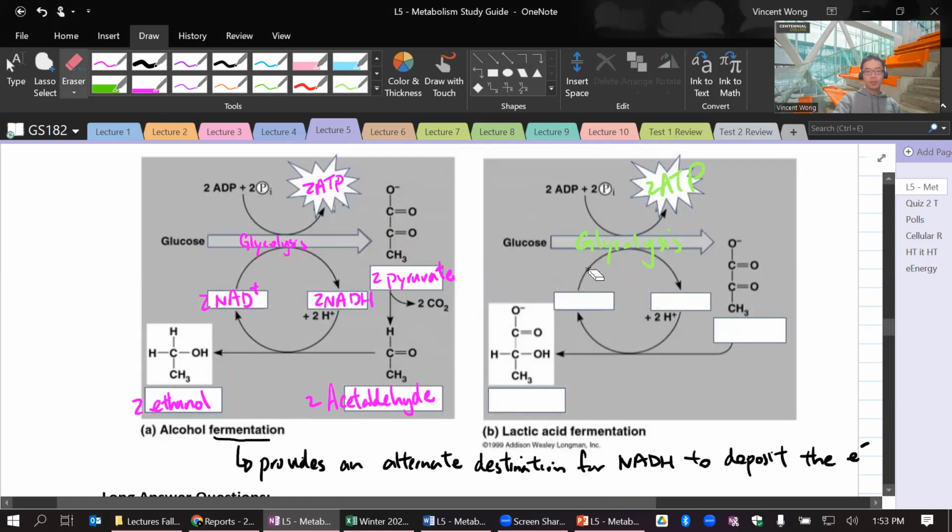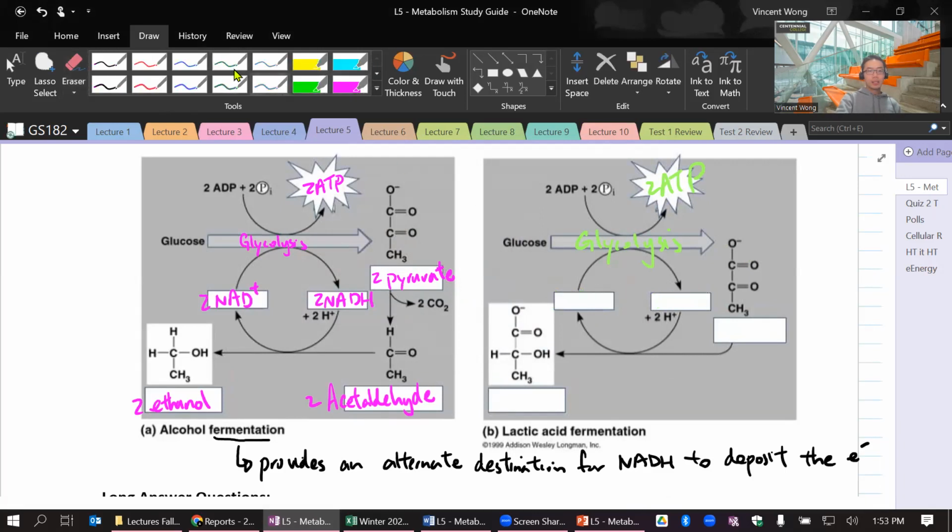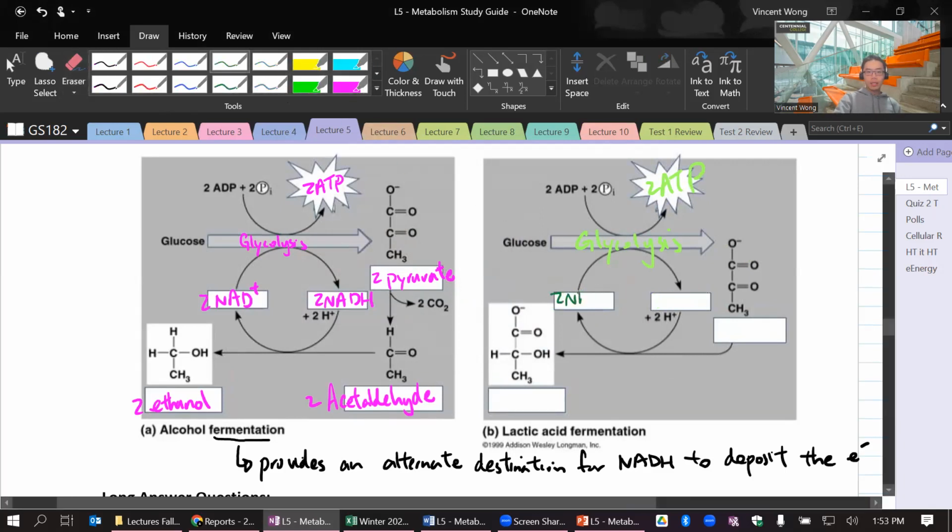Oops, you can't really see that, can you? We go 2 NAD+ and 2 NADH. So in this case, the glucose also becomes 2 pyruvate. And instead of generating ethanol, because that's actually poisonous to our cells, we will create lactic acid.